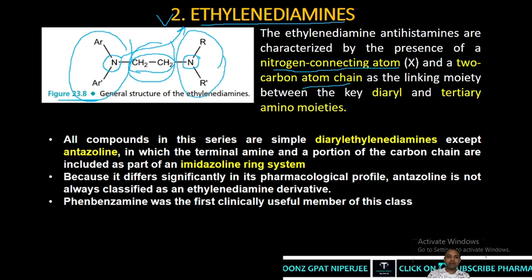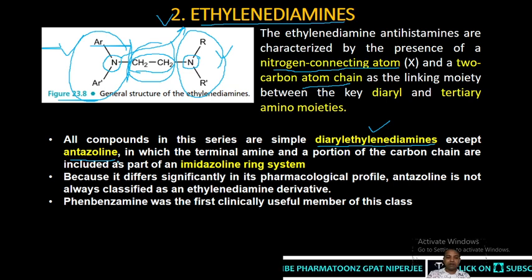So this ethylene bridge is a linking moiety between the diaryl group as well as the tertiary amino moiety. All compounds in this series are simply diaryl ethylenediamines, except antazoline.